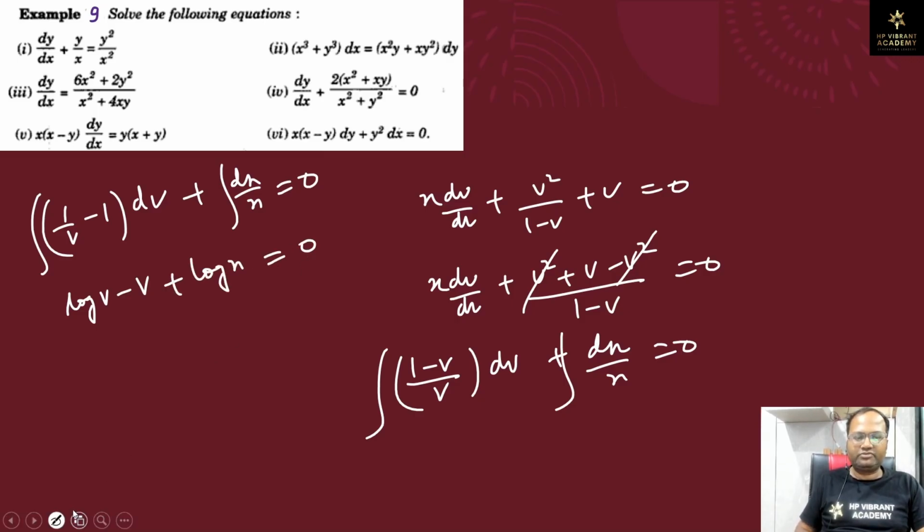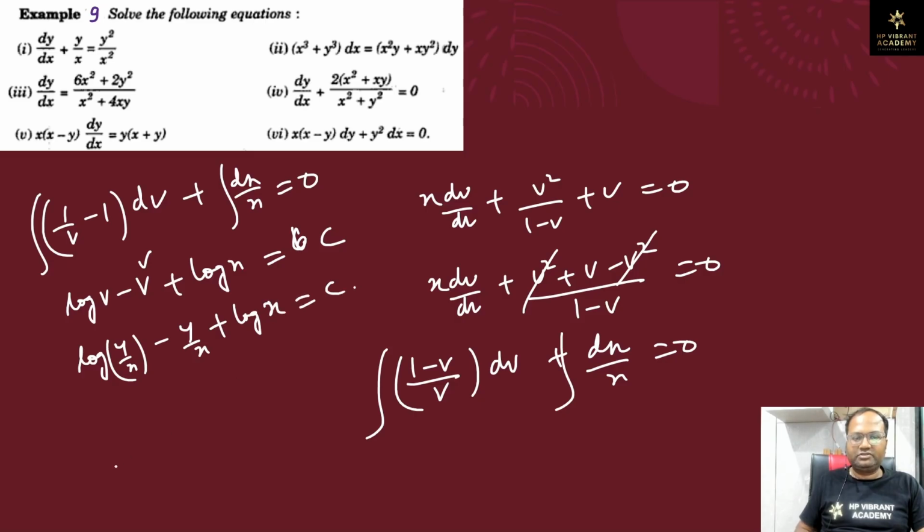Sorry, this is log of c. After integration it will result into a constant now. Let us take this as log c, because it is a log. So log of y upon x minus y upon x plus log of x is equal to c. Let us further simplify this.